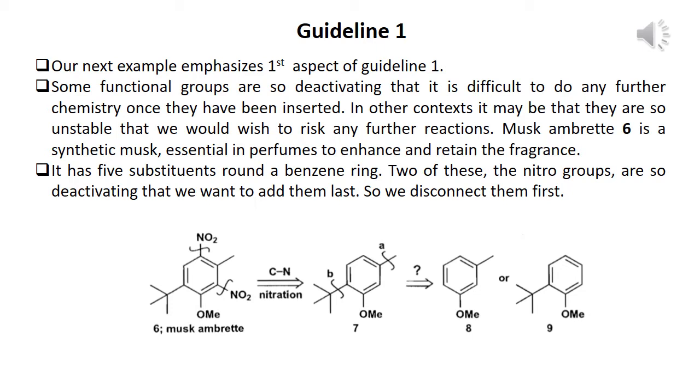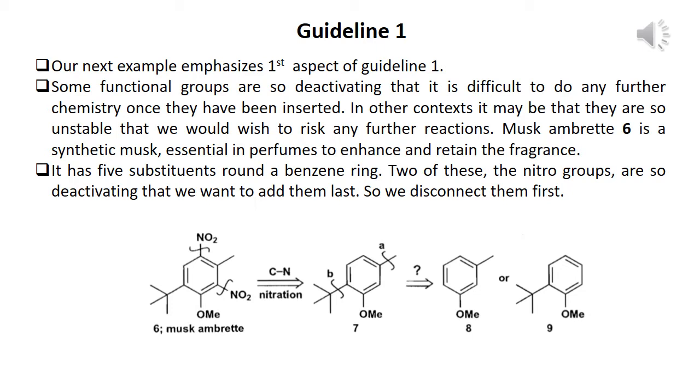So compound number 7 can have two disconnections. One can suggest synthon 8 and one can suggest synthon 9. If you do the B disconnection, you will get 8, and when you do the A disconnection, you will get 9.